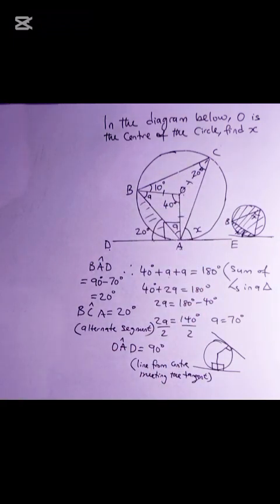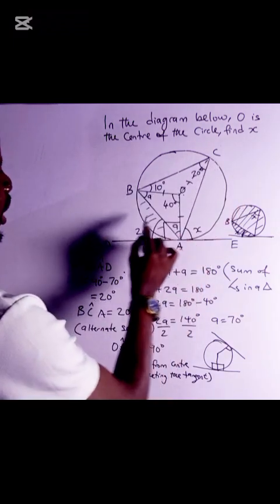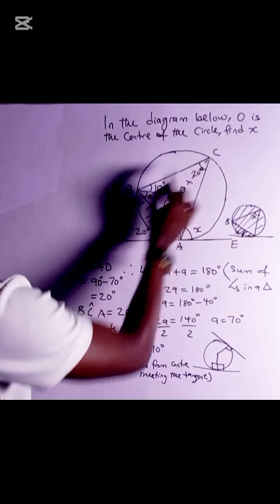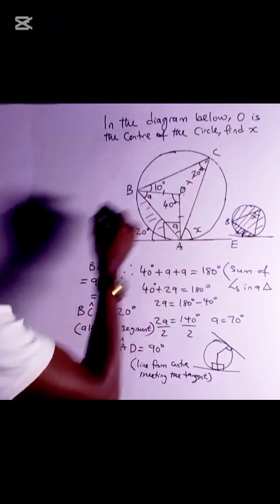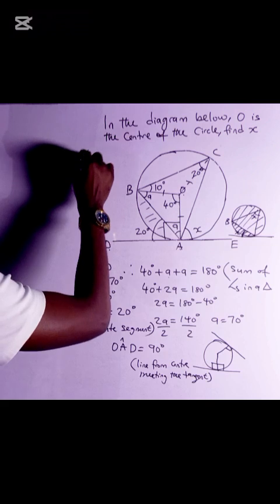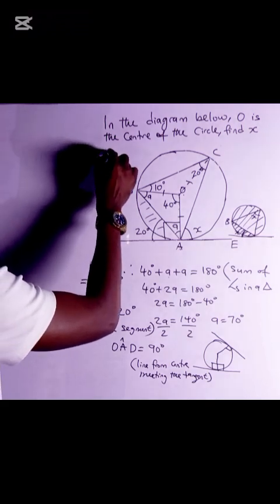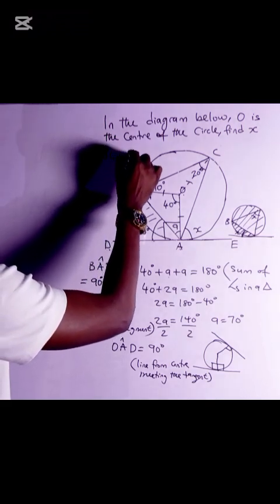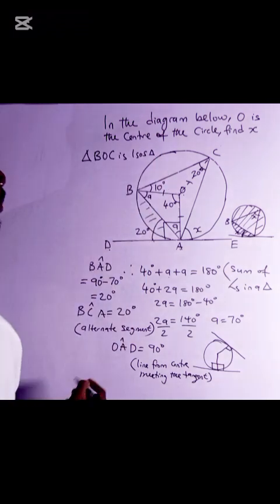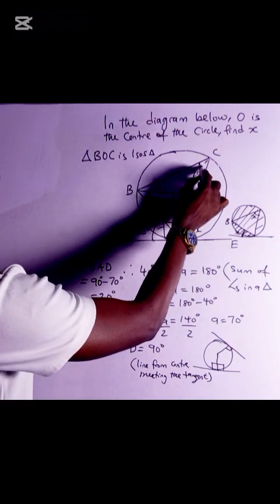Now, if line OC is a radius, it means that this triangle BOC is also an isosceles triangle. Is that okay? So triangle BOC is an isosceles triangle. That's what it means. So therefore, the base angles will be equal.